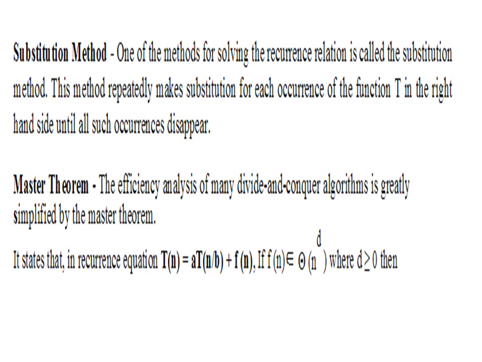And if f of n in the recurrence relation belongs to big theta of n to the power d, where d is greater than or equal to 0, then based on the values of a, b and d, we can approximate the total computing time of the problem under consideration.